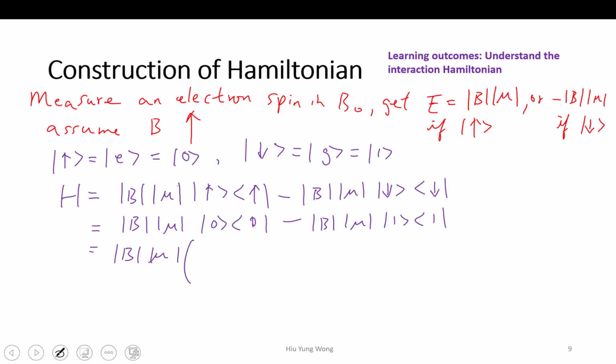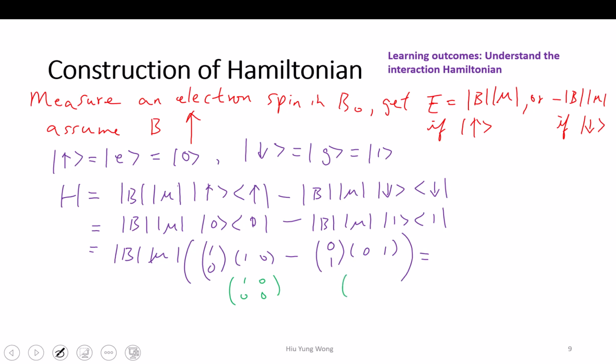This is just equal to what? What is 0, the first state? It is 1, 0, because it's the first state. And then minus what is 1, 1? 0, 1, 0, 1, right? And this one will give us, the first one gives us 1, 0, 0, 0.